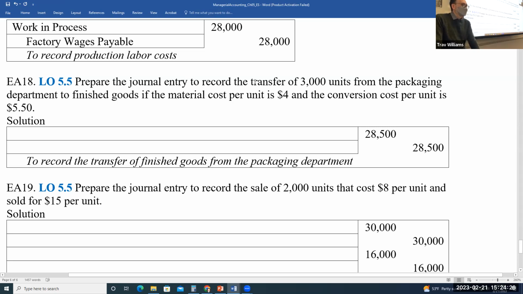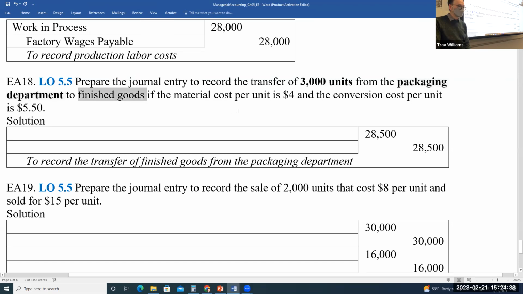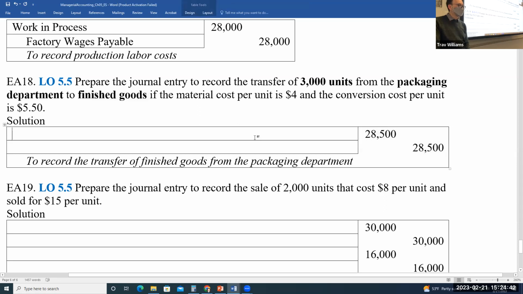Okay. Journal entry to record the transfer of 3,000 units from the packaging department to finished goods. Okay, so the totals are already here. What are we going to debit? What are we going to credit? Finished goods inventory.